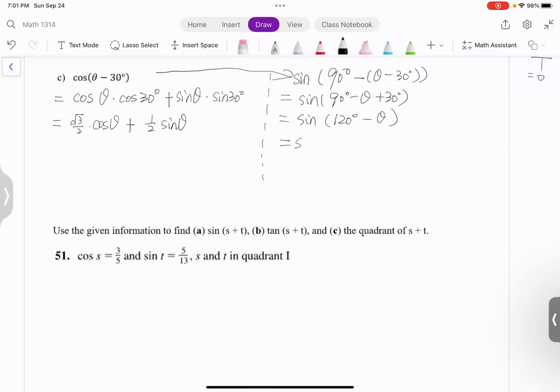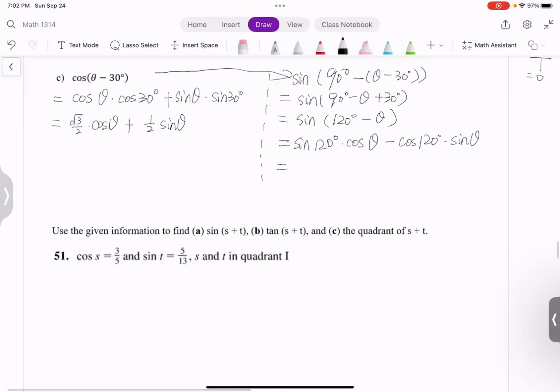That means I can use the sine formula: sine 120 degrees times cosine theta, minus cosine 120 degrees times sine theta. What is that? Sine 120 is in the second quadrant and the reference angle is 60, so we have positive square root of 3 over 2 times cosine theta.